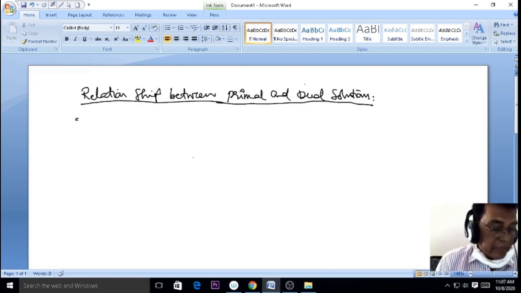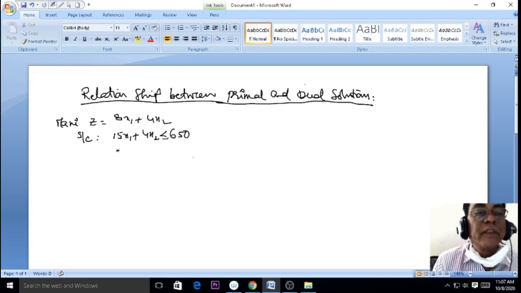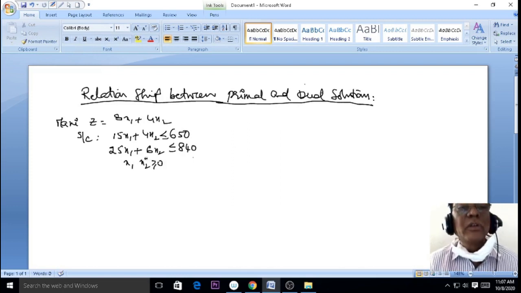If the problem is given like this, suppose maximize z equal to 8x1 plus 4x2, subject to the constraints 15x1 plus 4x2 less than or equal to 650, 25x1 plus 6x2 less than or equal to 840, x1, x2 greater than or equal to 0.